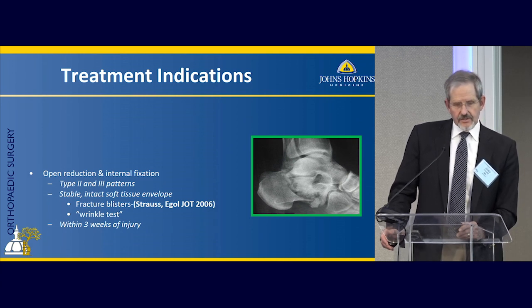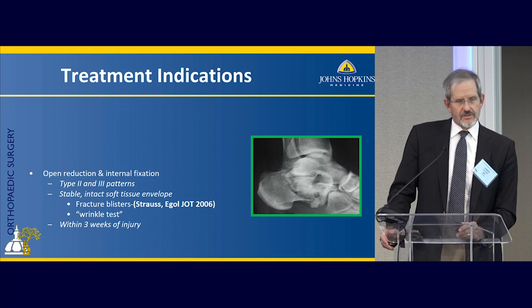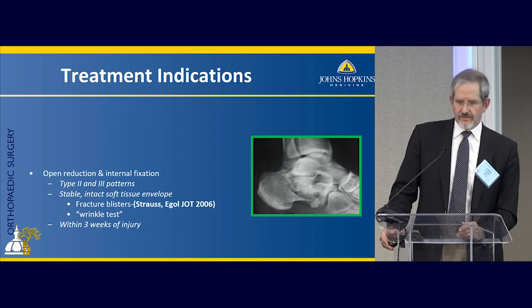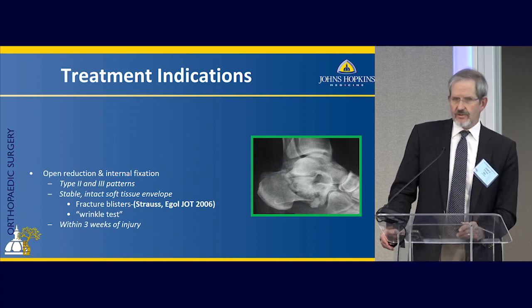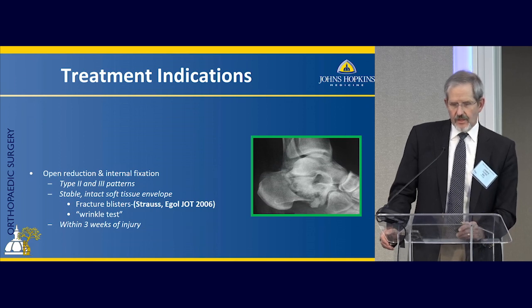So type 2 and type 3 patterns that have not a lot of comminution. Fracture blisters, if we can get through those in the first 3 weeks. After 3 weeks, I find that the skin is so constricted that it's very difficult to get a reduction and not have to put a flap on that. So we want to get to it within 3 weeks, and this is a pivotal point.